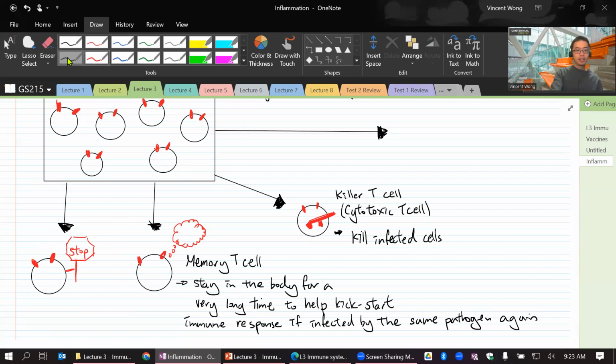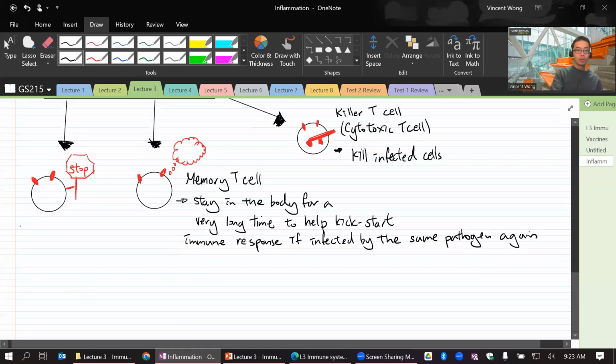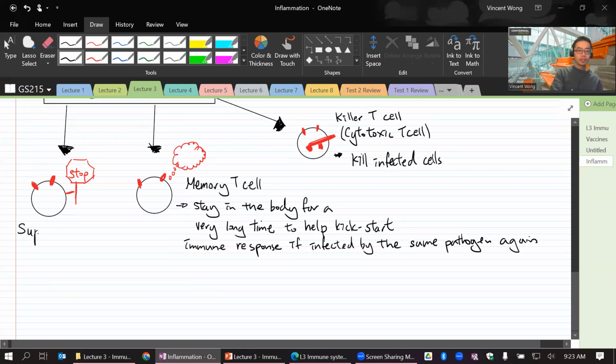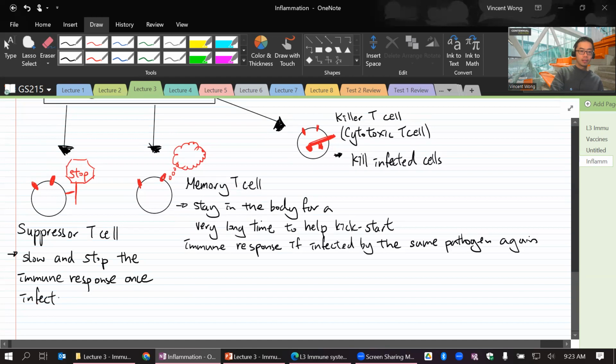This one is called the suppressor T cell. It will slow and stop the immune response once the infection is cleared.